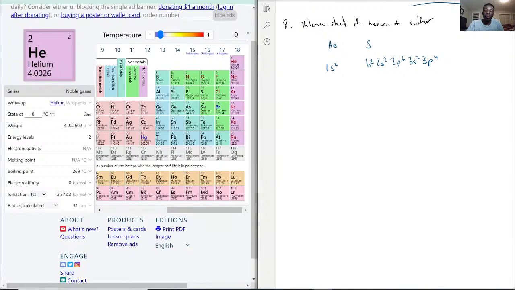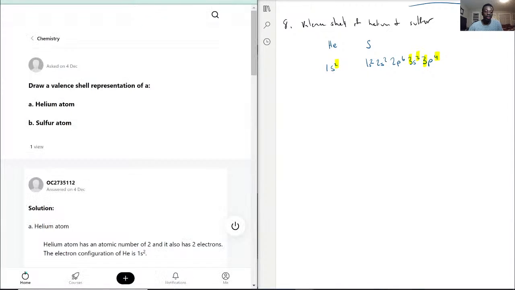The coefficient determines what shell it's in, but the exponent determines how many we have. So in the first shell, which is the outer shell for helium, we have 2 electrons. For sulfur, we look at just the third, that's the highest coefficient. So we have 2 and 4. So sulfur will have 6 valence electrons, and helium will have only 2.